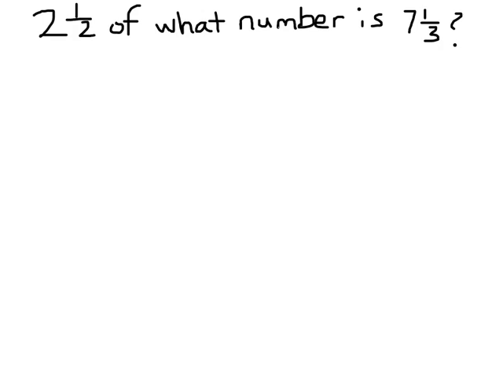Alright, so we know that 2 1/2 of means times what number? N. Is means equals 7 1/3. Now, this looks exactly like what we were doing yesterday, right? So from here, you know how to solve.